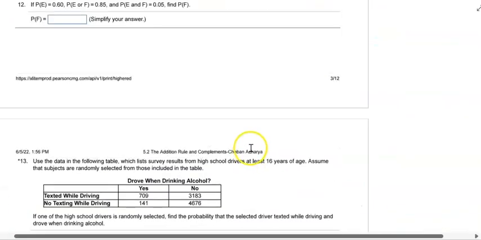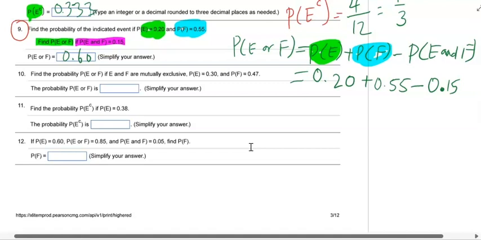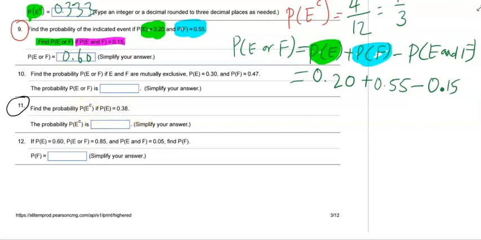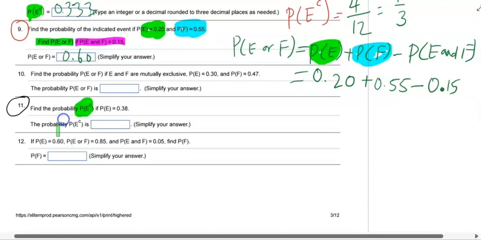Okay. Now number 11, find probability of E complement if probability of E equals 0.38. Looking for this probability of E complement, the formula for that is 1 minus probability of E. That's the formula for probability of E complement.